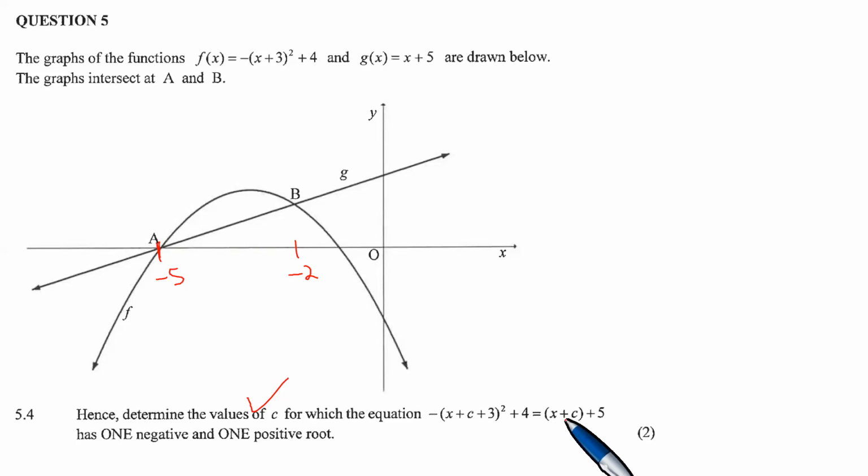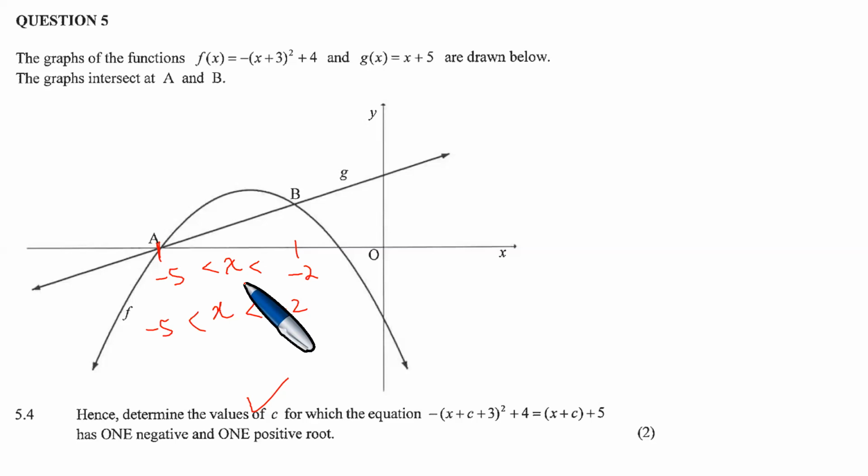So what does it mean? It means basically x has been replaced by x plus c. If you replace x by x plus c, we agree at this point that here our x lies between -5 and -2. Okay, x is the variable that lies between -5 and -2 there, and so that is what we get.